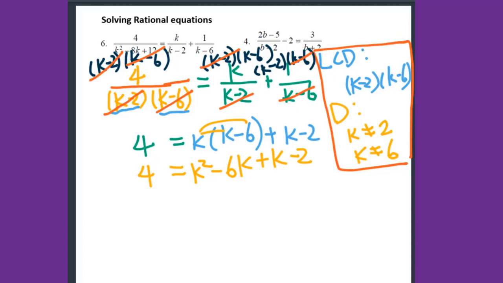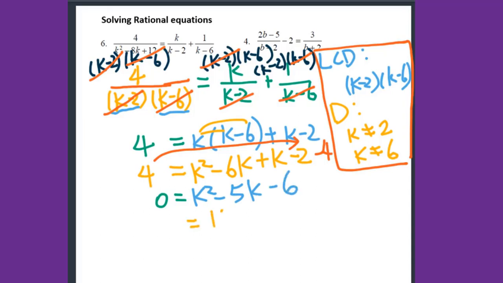It's still a quadratic equation. Therefore, move 4 to the other side, minus 4. So I got k squared minus 5k minus 6. Factor, and you will get k minus 6 and k plus 1 equal 0.